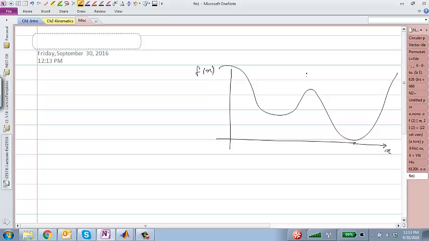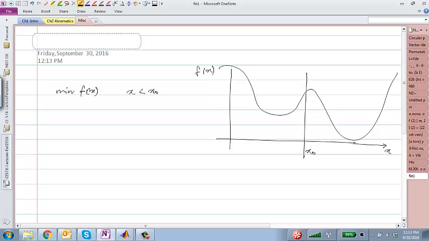I'm also saying that there is some point x0 which I will involve in my constraint. So I'm going to say: find the minimum of f of x subject to the constraint that x has to be less than x0.